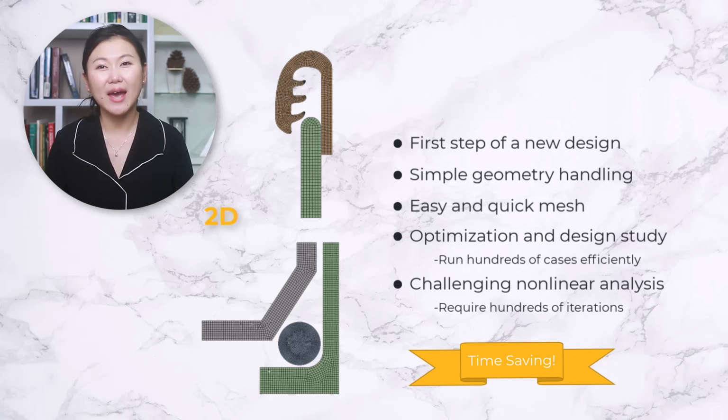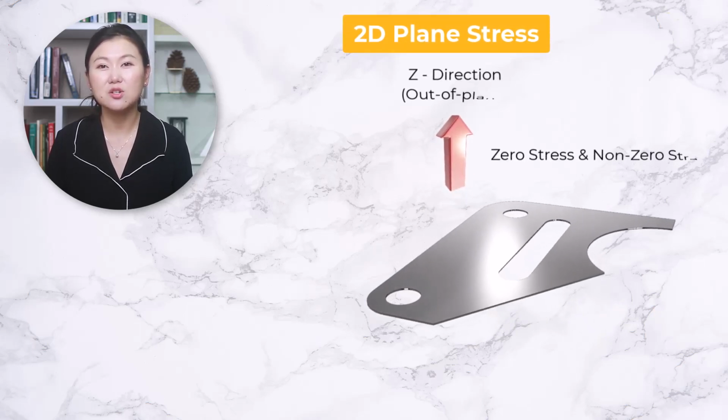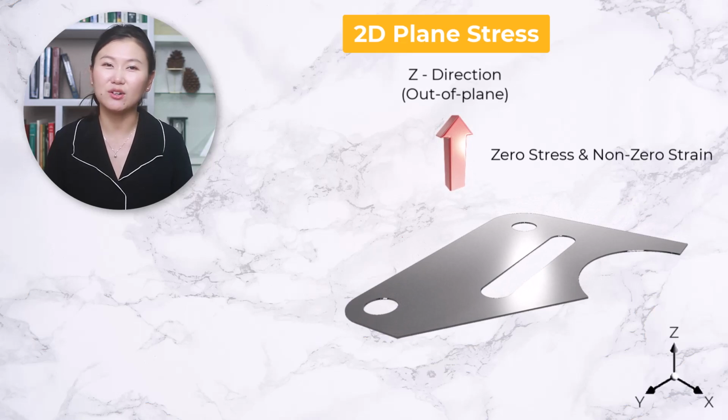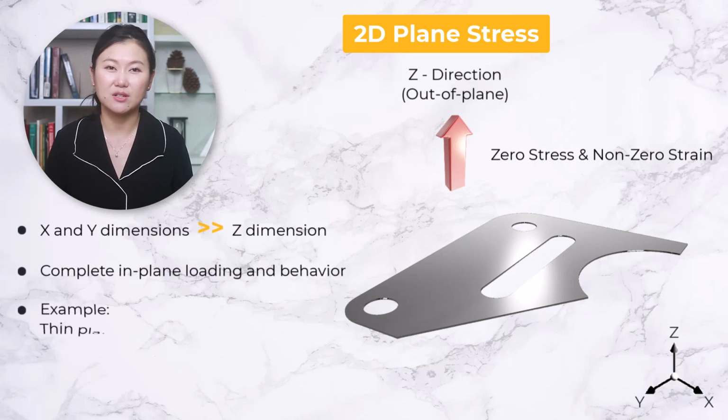Now, let's have a look at different types of 2D analysis offered in Ansys Mechanical. First of all, we have 2D plane stress and plane strain analysis. For 2D plane stress, we assume zero stress but non-zero strain in the out-of-plane or z direction. It can be used for structures where the z dimension is smaller than the x and y dimensions.